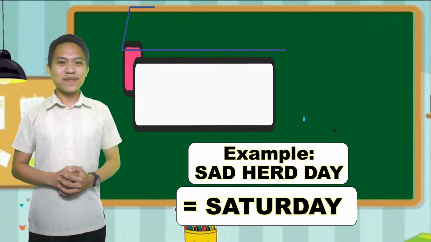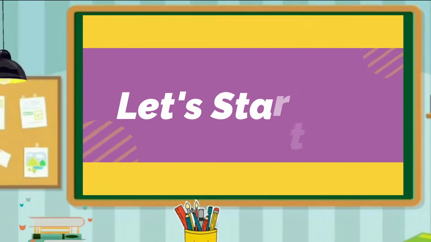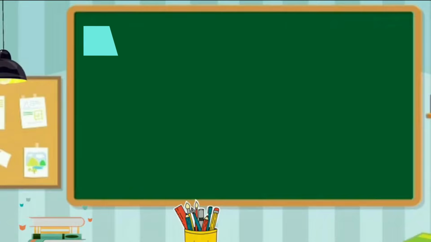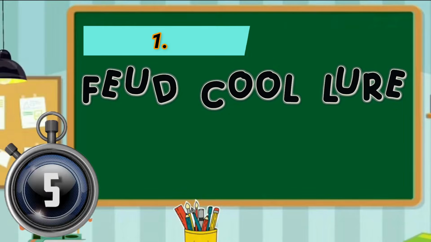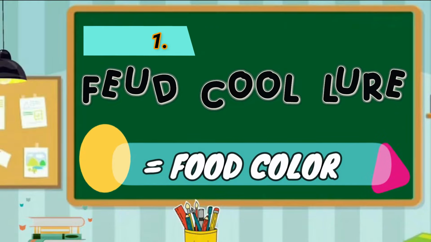Let's begin. Number 1. What do you think is the hidden word behind these unrelated words? The answer is food color.